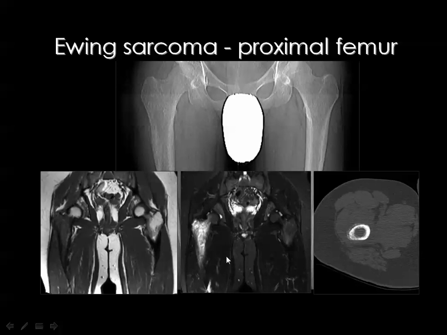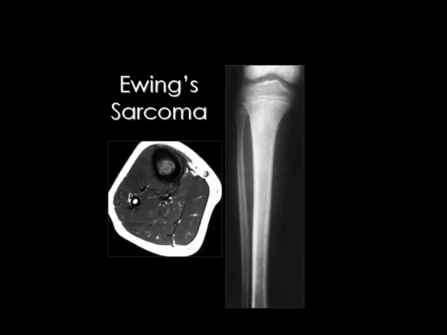Remember that the changes of Ewing sarcoma may be subtle in the plain X-ray and may be easily missed in the plain X-ray if you are not careful in looking for the manifestations, guided by the clinical picture of the patient.